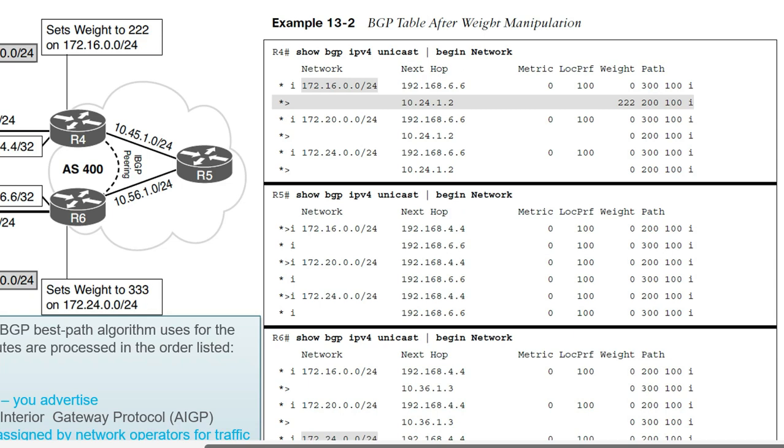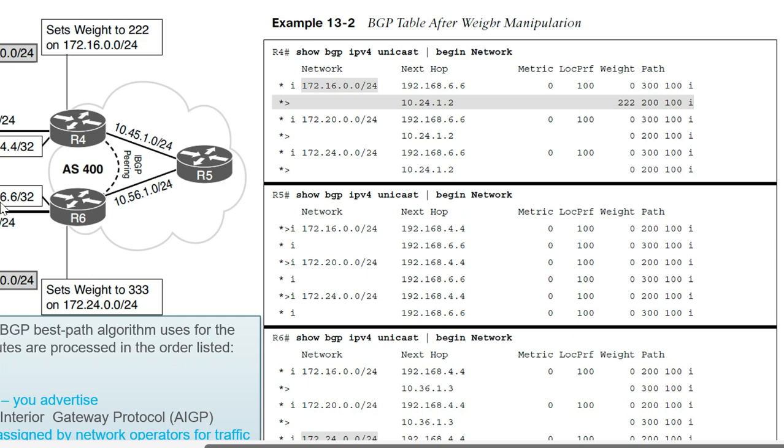When we view the BGP table for router 4, for the destination network 172.16.0.0, there will be two possible paths. One through 192.168.6.6. So this is the loopback IP connecting from router 4 to router 6, this IP, right?